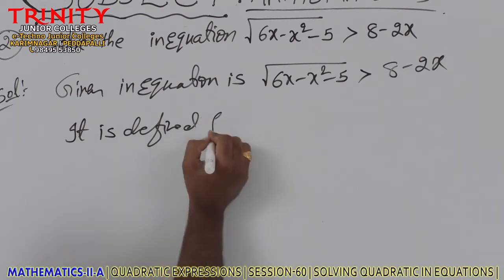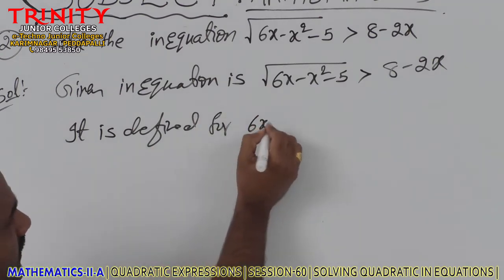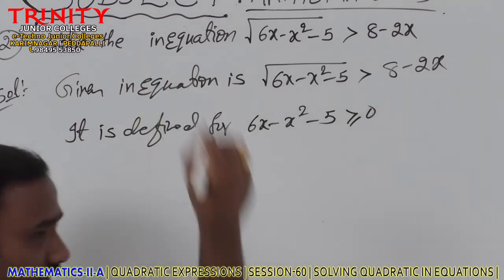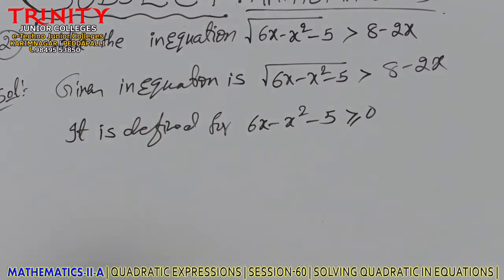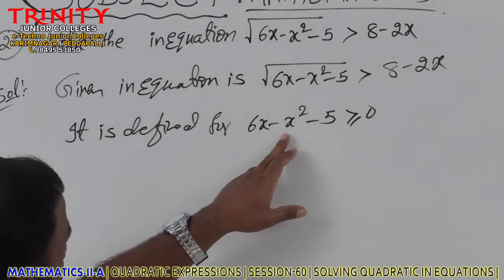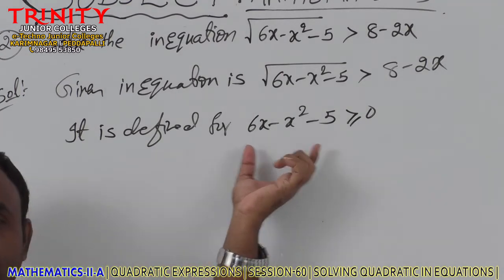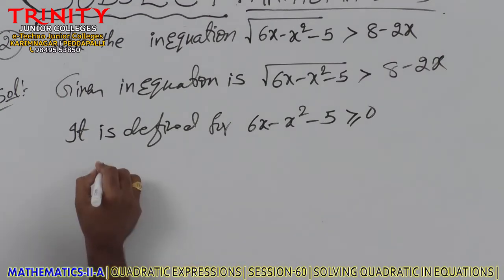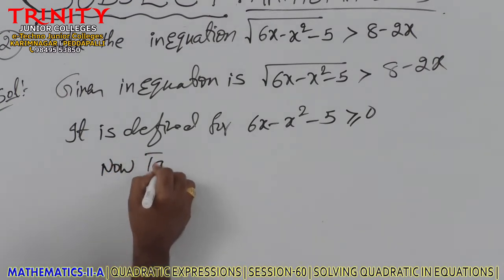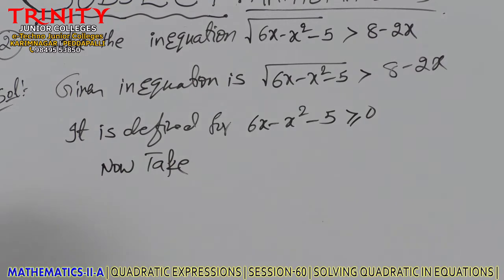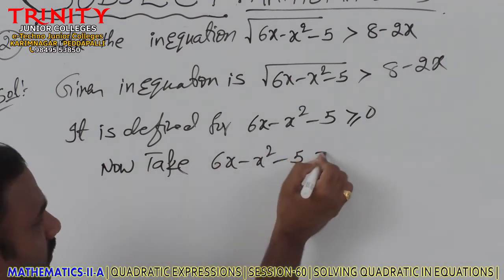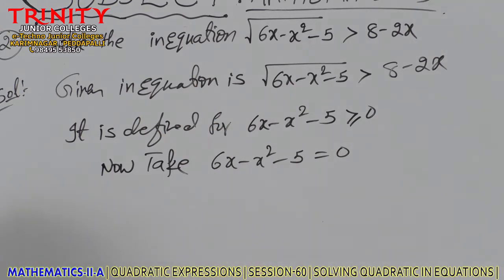Therefore, it is defined for 6x minus x square minus 5 greater than or equal to 0. Now, find the values of x by equating this to 0. To find the values of x, I am taking 6x minus x square minus 5 equal to 0.